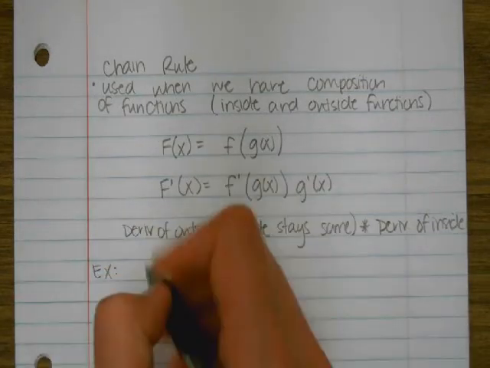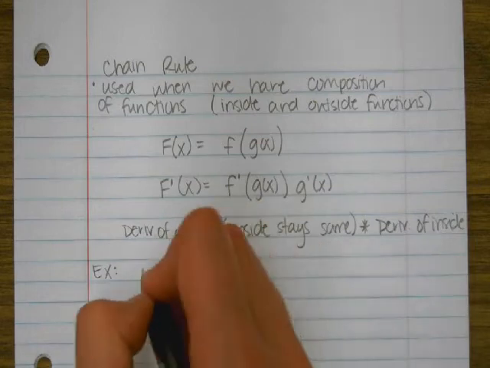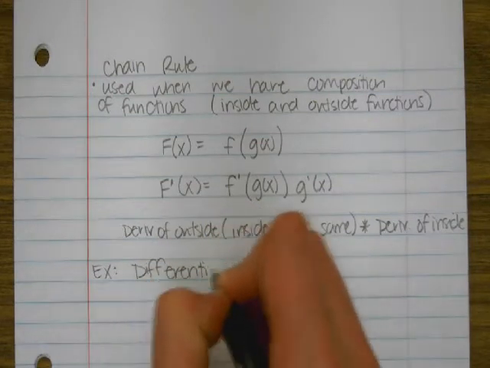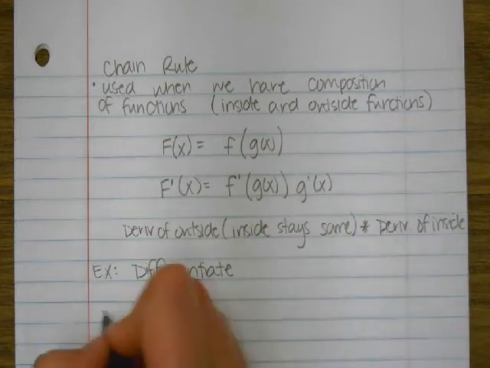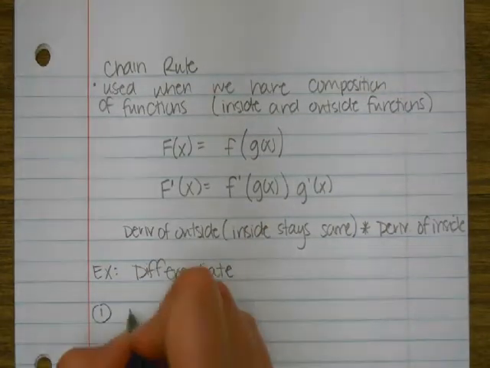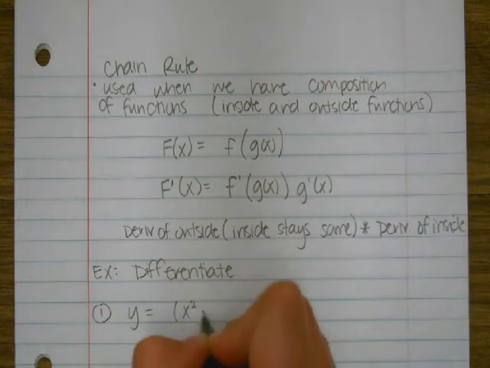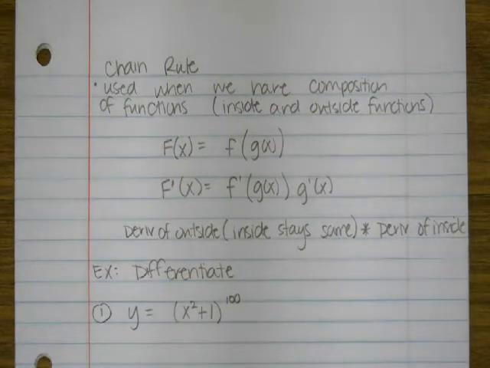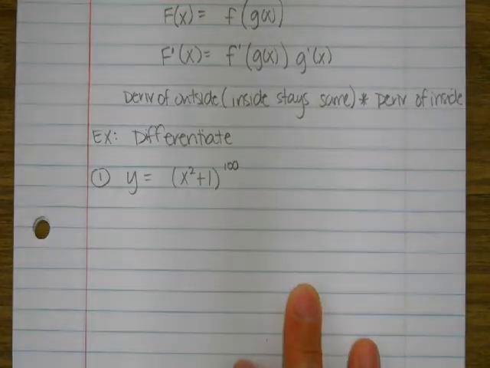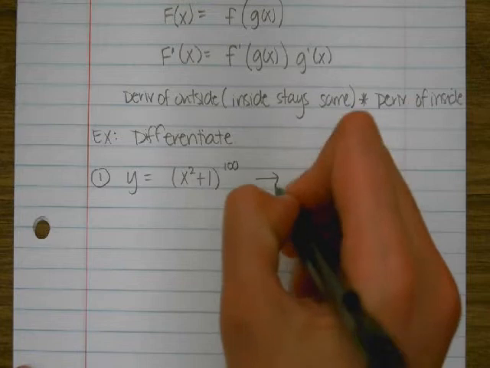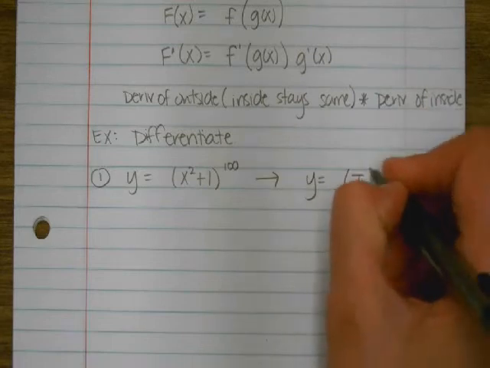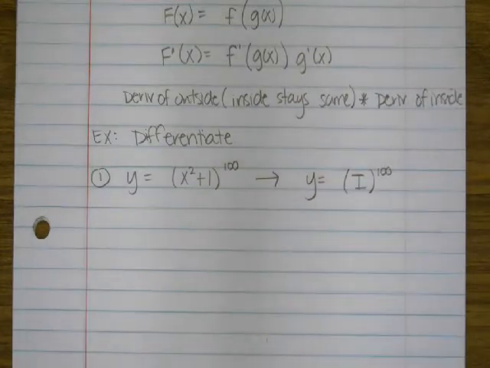All right, so we're going to do some examples, and the instruction for all the examples is just going to say differentiate. It's commanding you. Differentiate. The first one is y equals x squared plus 1 to the 100th power. So we're going to rewrite this as y equals, and if I'm looking at this composition, this is the inside function raised to 100 as an exponent.